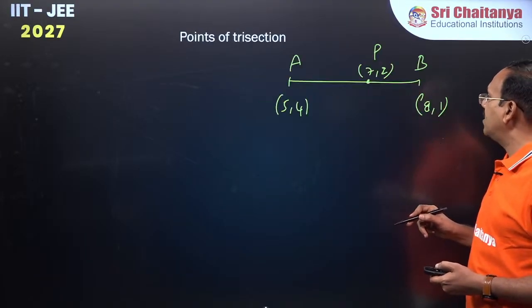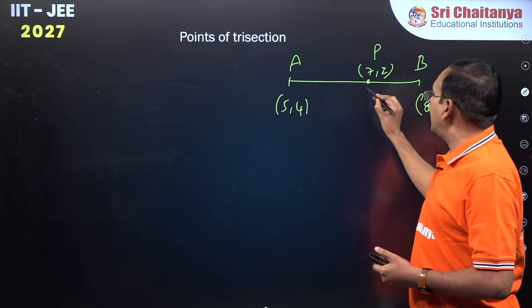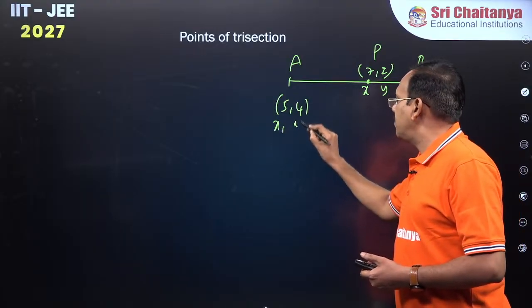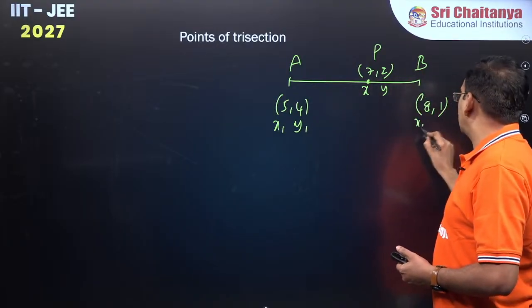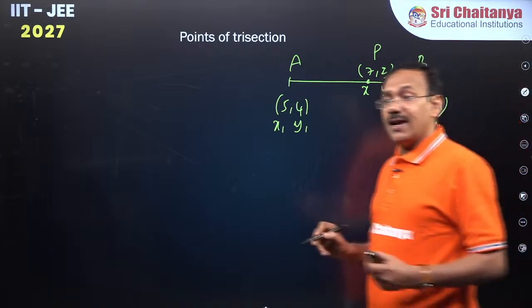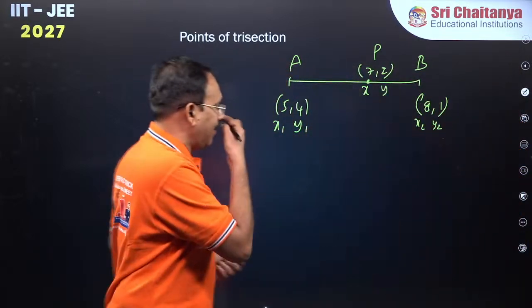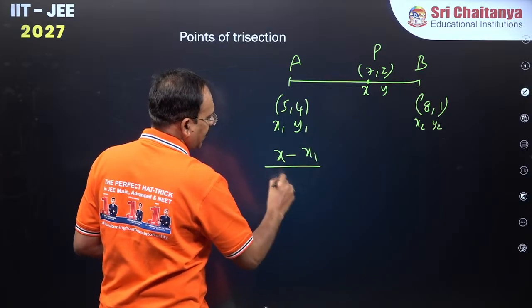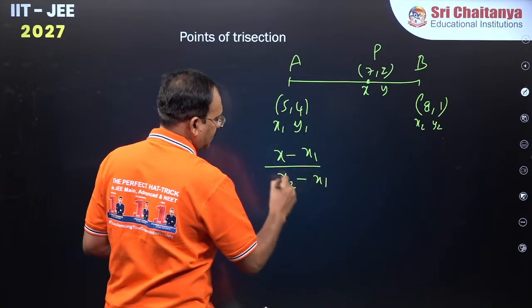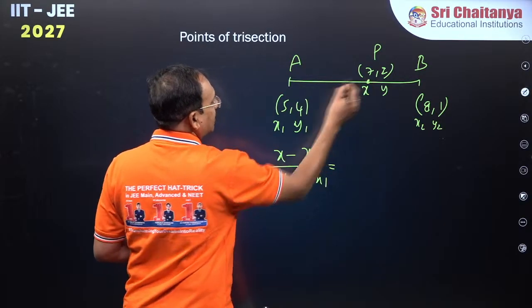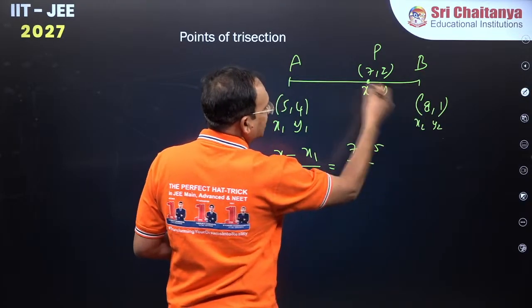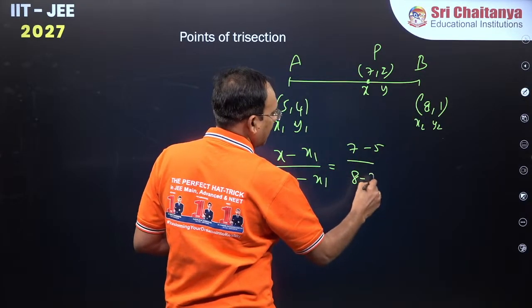Here, take the dividing point as x comma y, and let the given points be x1 y1, x2 y2. Apply x minus x1 by x2 minus x, friends. That is 7 minus 5 by 8 minus 7.